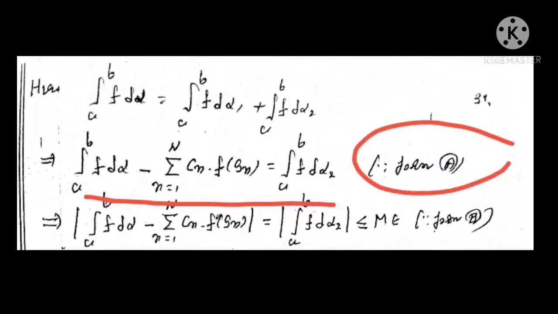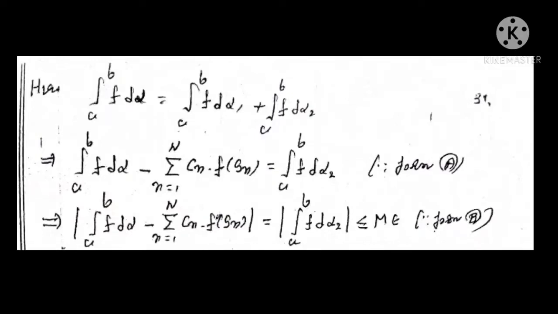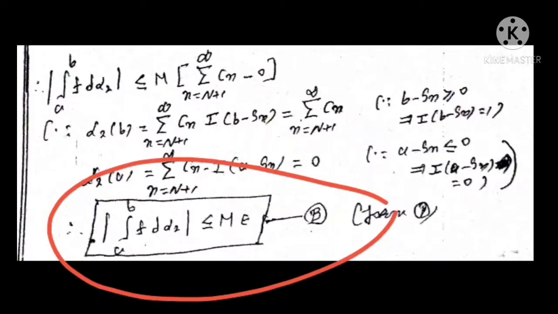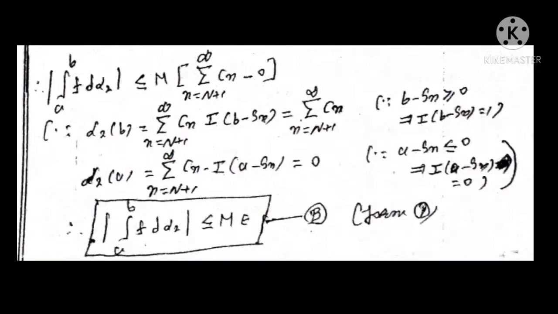This implies the modulus of the RS integral of f with respect to alpha on [a, b] minus the sum from n equal to 1 to N of Cn times f of Sn is equal to the modulus of the RS integral of f with respect to alpha 2 on [a, b], which is less than or equal to M times epsilon, because epsilon greater than 0 is an arbitrary real number.